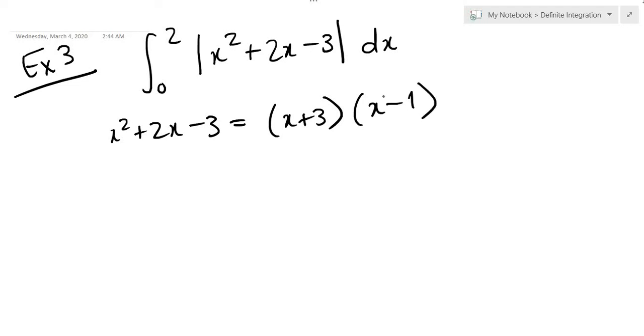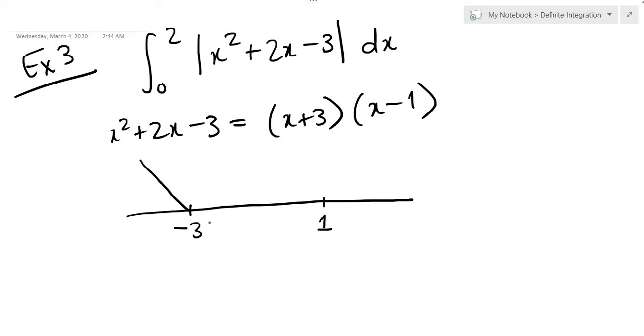Here they are x plus 3 and x minus 1. So from this expression you can guess that the function is 0 at minus 3 and it's also 0 at 1.